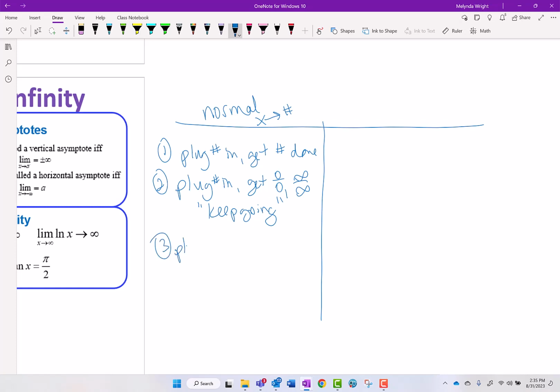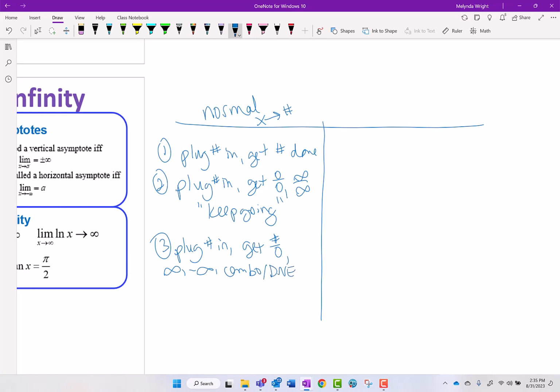Number 3, these are normal limits. Number 3, we plug in a number and we get a number over 0. And when we get a number over 0, that means the answer is going to be infinity, negative infinity, or does not exist.